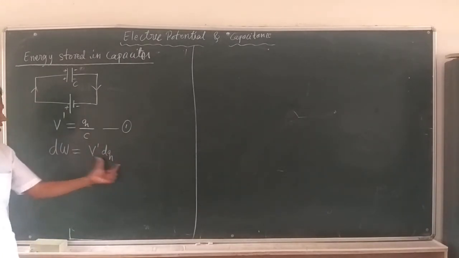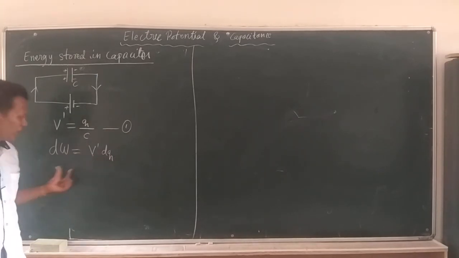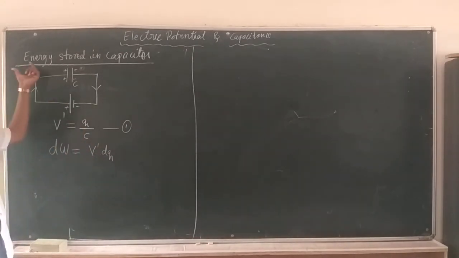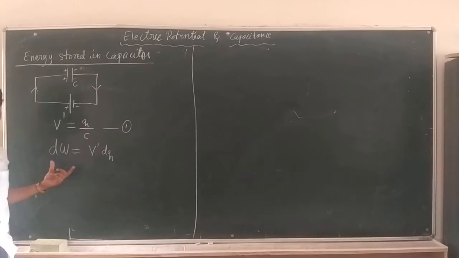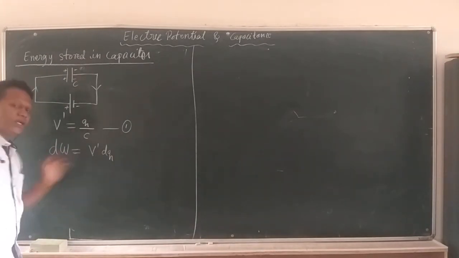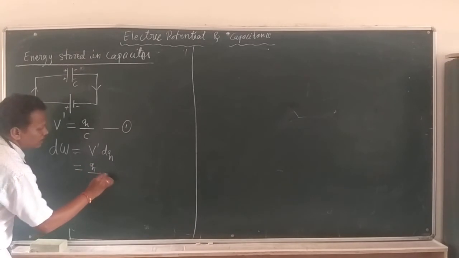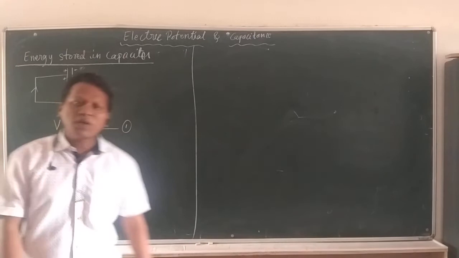What do you mean by potential? Electric potential is the amount of work done in bringing a unit positive charge. Well, here we are taking the energy. Energy is stored in the form of work done. So dW is equal to V dash into dq. So substitute the V dash value, q divided by C, into dq. So this will be your small amount of work done.